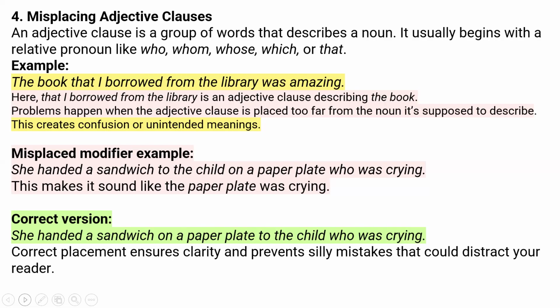This creates confusion or incomplete meanings. Misplaced modifier example: she handed a sandwich to the child on a paper plate who was crying. This makes it sound like the paper plate was crying. The correct version is: she handed a sandwich on a paper plate to the child who was crying. So correct placement is required. It gives clarity and prevents any mistake and doubt.